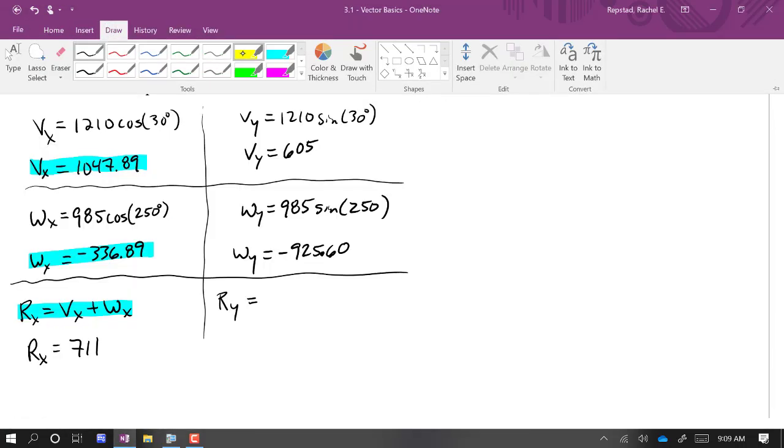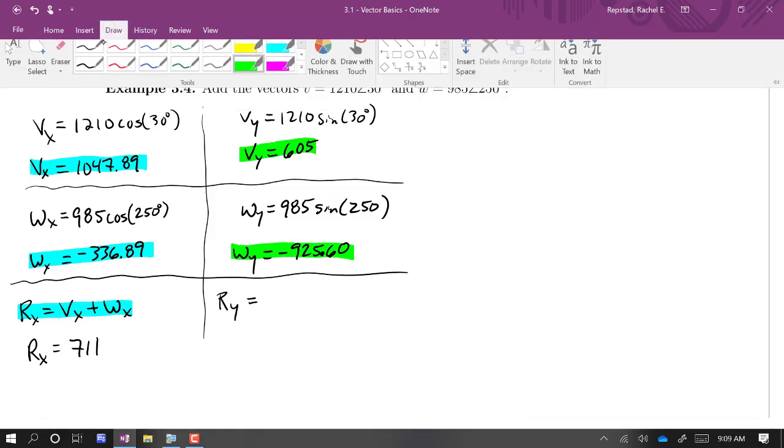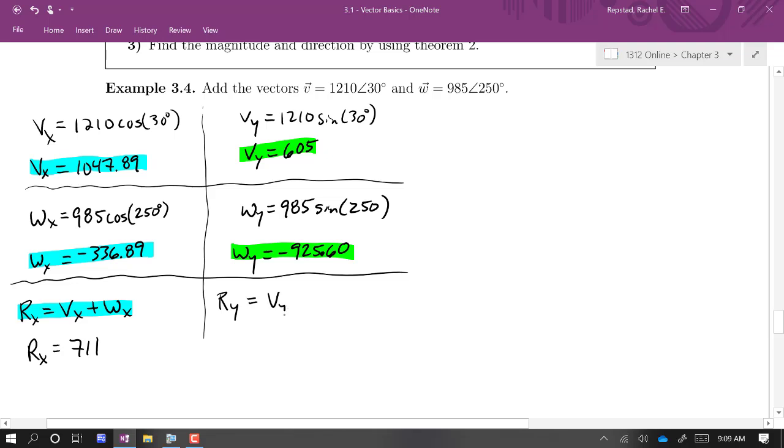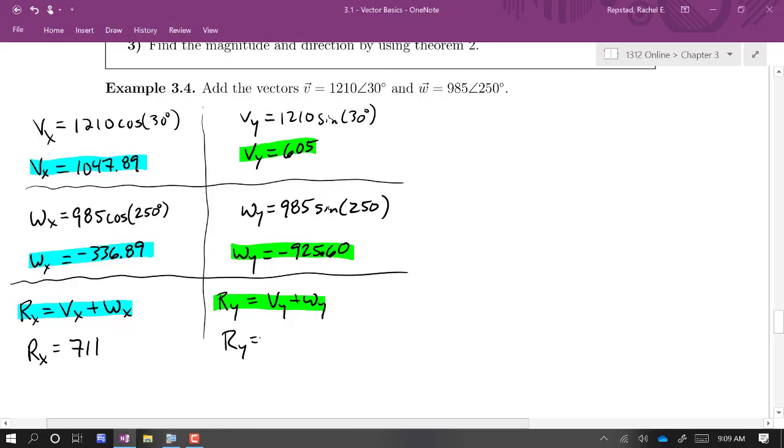And over here for Ry, we're going to add Vy and Wy. So that's 605 minus 925.60, which is negative 320.60.